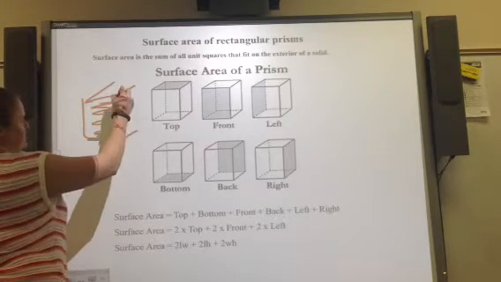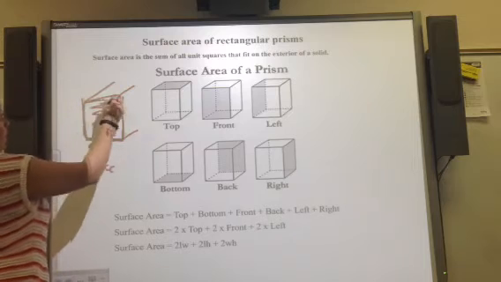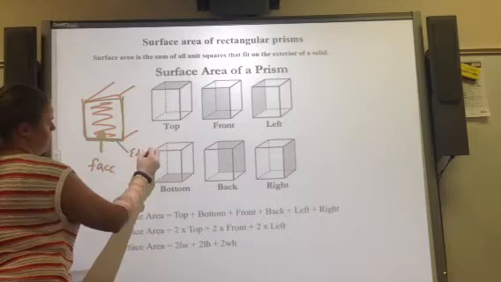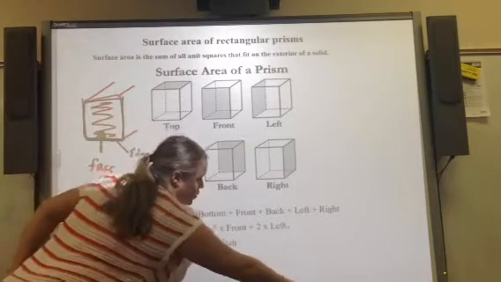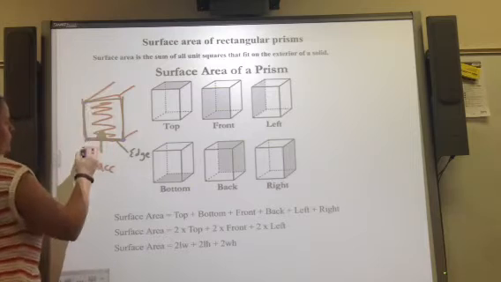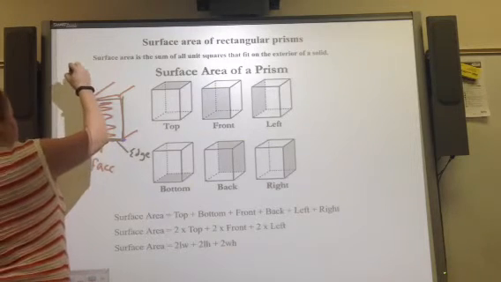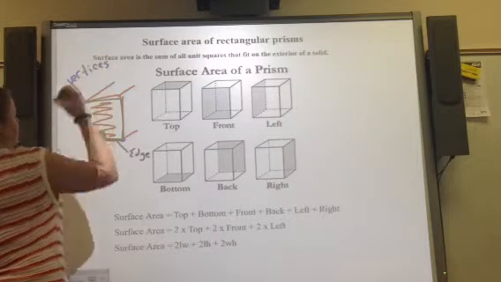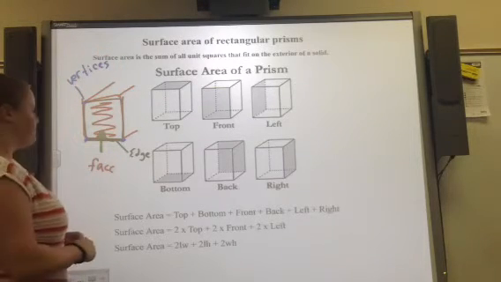The side lines are our edges. And the corners that hold all the pieces together are our vertices. That's plural. It's vertex for one.